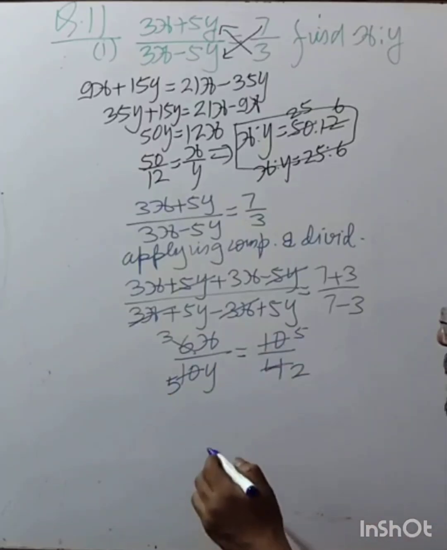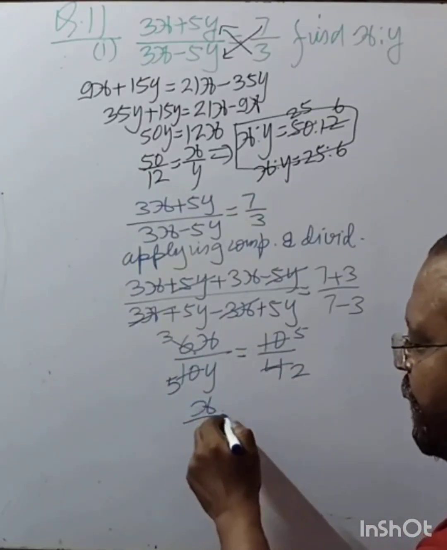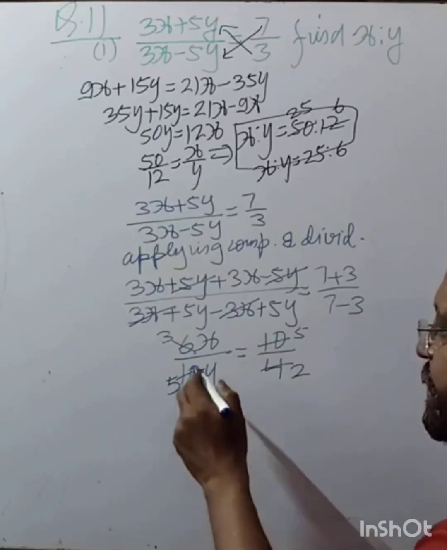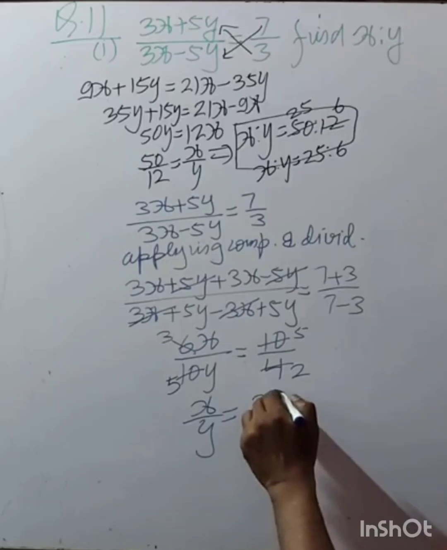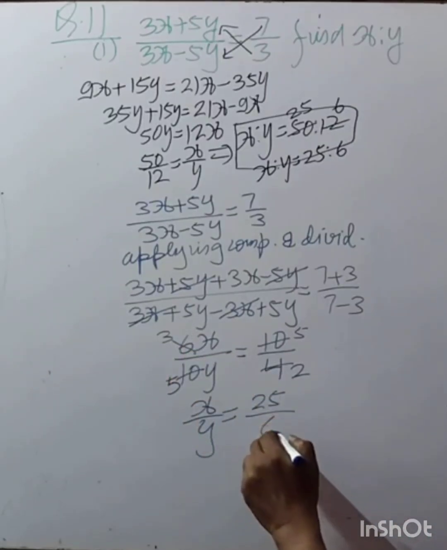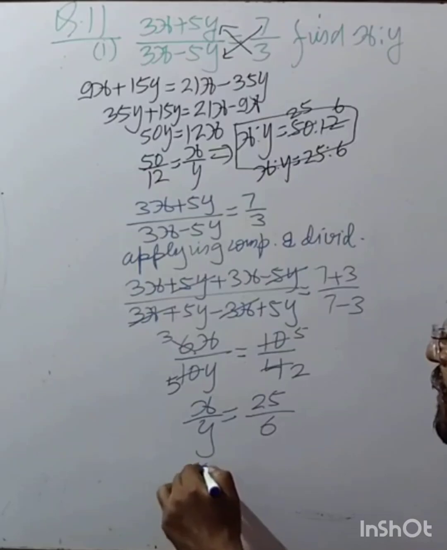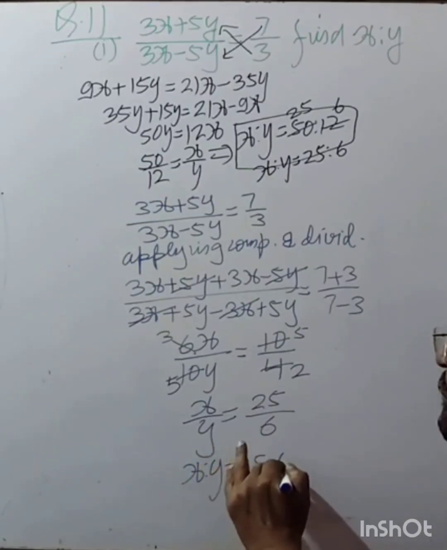Cross multiply. So it is how much? x upon y is equal to 5 into 5 becomes 25, 2 times 3 becomes 6. So you can write x ratio y is equal to 25 ratio 6.